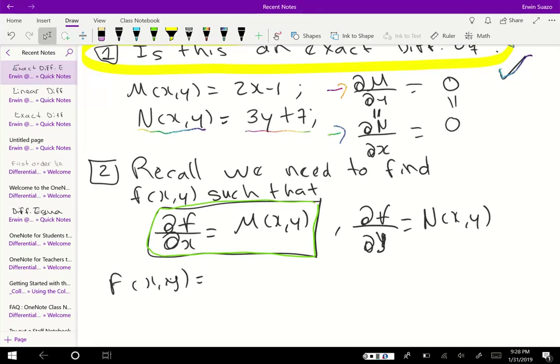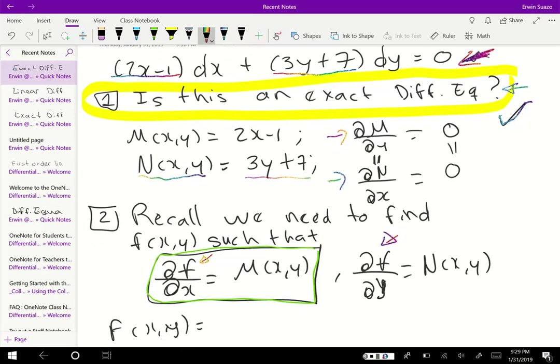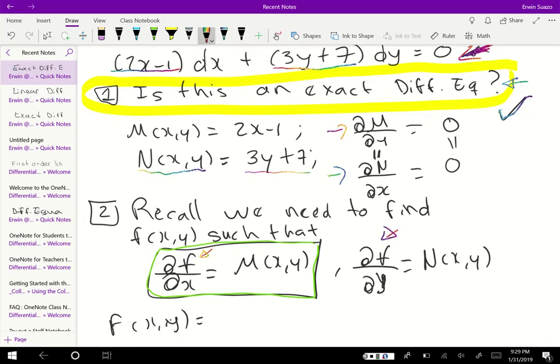So the next step is to recall what it means to be an exact equation, or what it means to have a solution for an exact differential equation. It means that we need to find an f that satisfies these two properties: the derivative of f with respect to x is M, and the derivative of f with respect to y is N. So basically the differential of the function is the equation that we want.